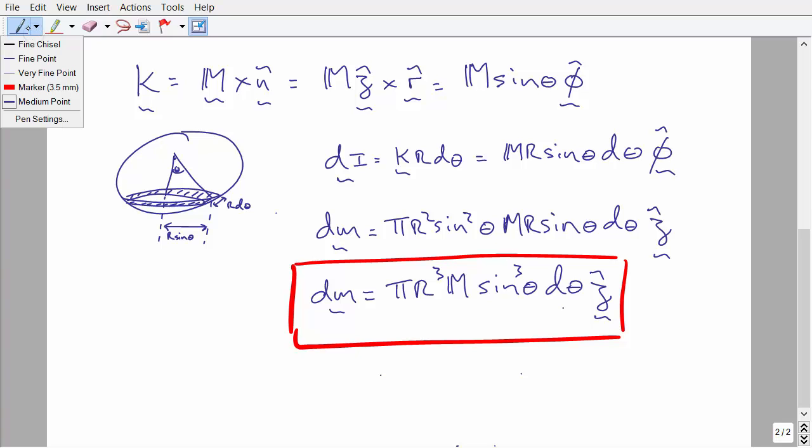Okay. And so now what we're going to do is integrate this over theta, from 0 to pi. Z hat is a Cartesian unit vector, so that comes outside the integral. And okay, so let's perform that integration.